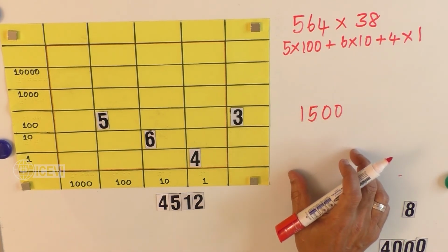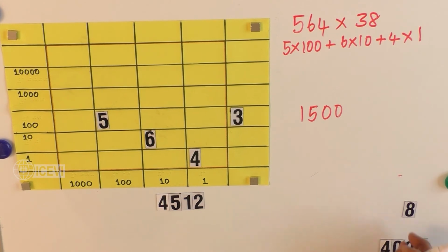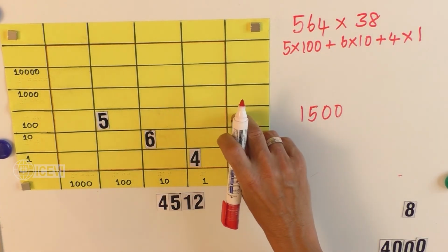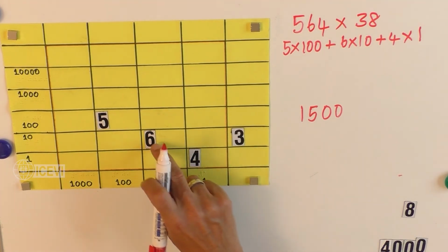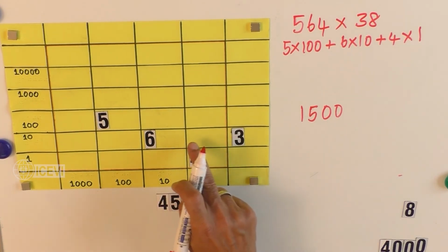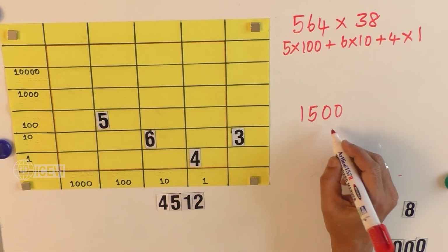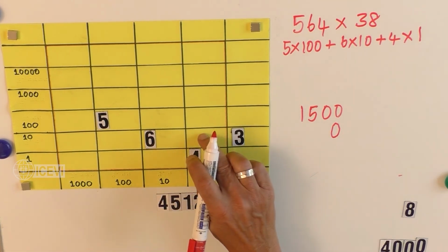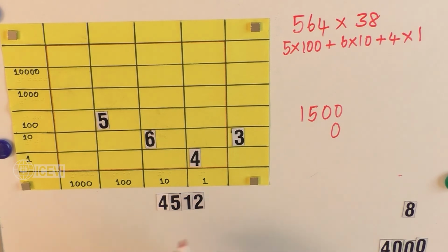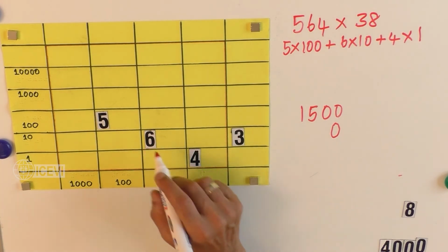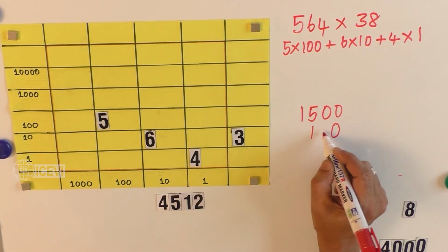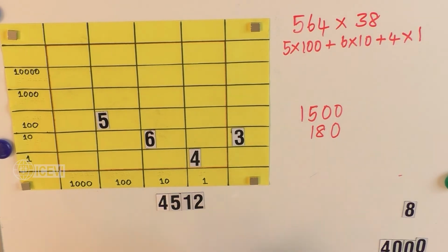When you explain to the child, you can use these numbers with the braille markings. Now 3 should be taken to the 60. There is an empty column to the right of 6, so you have to start with 0. Then 6 and 3, that is 18, that is 180.